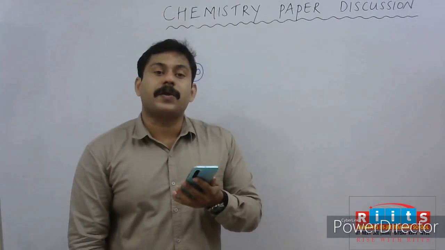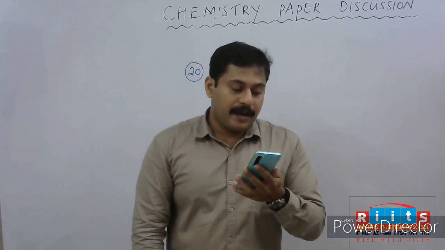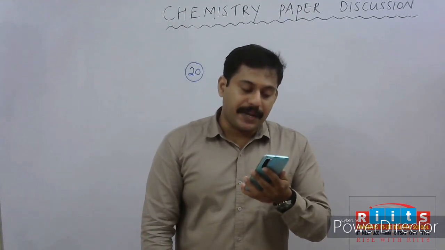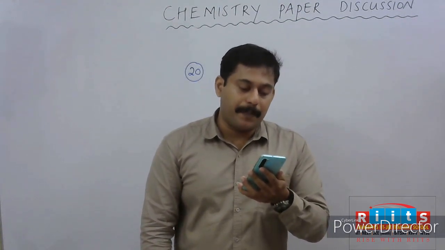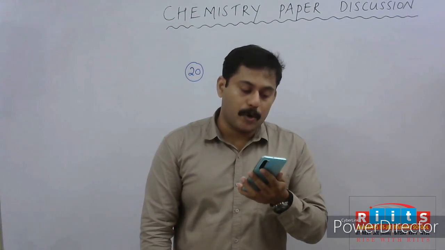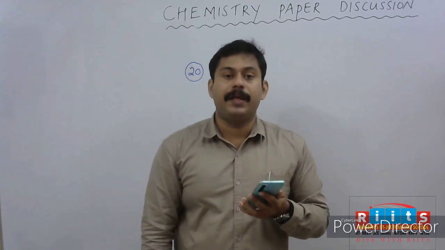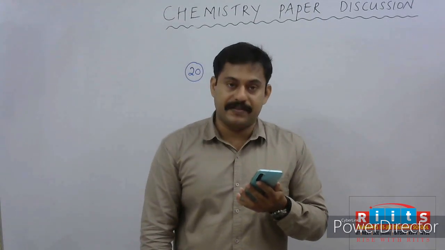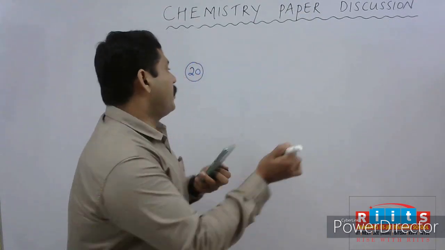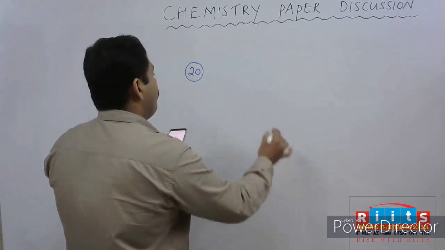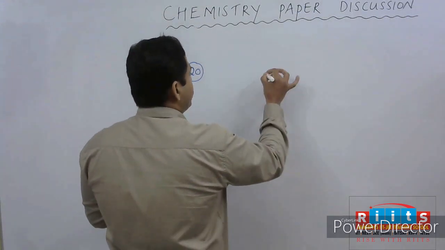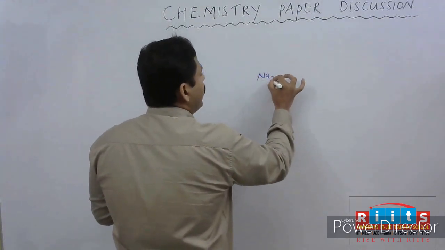Okay, let's discuss question number 20. The violet colored complex obtained during the test for sulfur by adding sodium nitroprusside. This is from the basic organic chapter, the second part, qualitative and quantitative analysis, right? For the confirmatory test of sulfur, we add sodium nitroprusside. What is sodium nitroprusside?